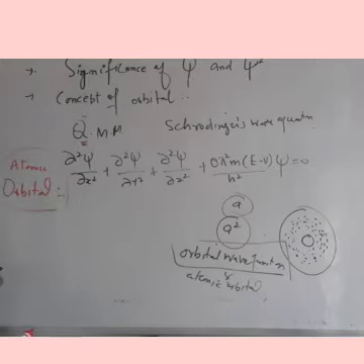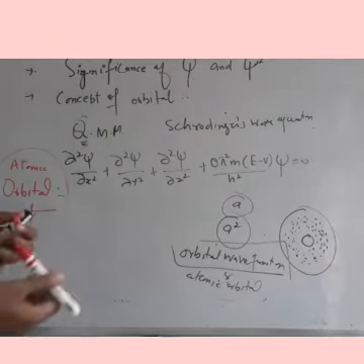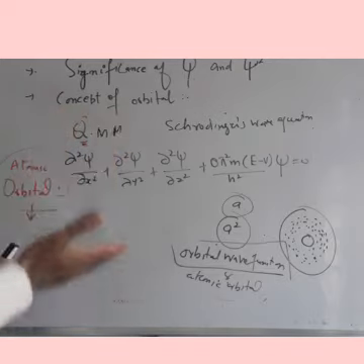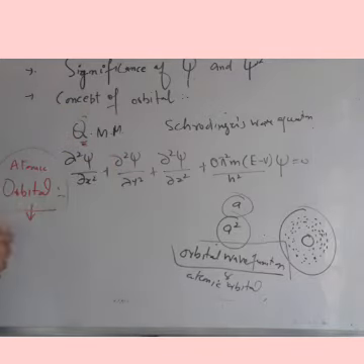So what is now this orbital? How can we define the orbital? Orbital is the 3D space around the nucleus where the chance of finding an electron is maximum.